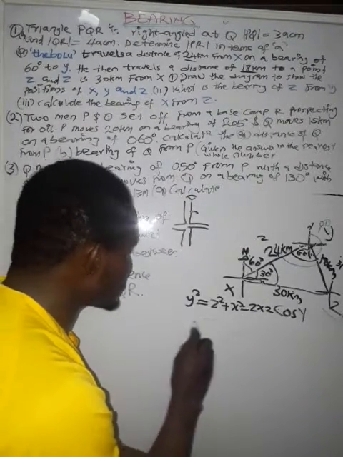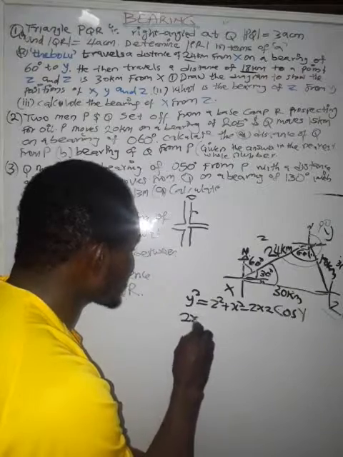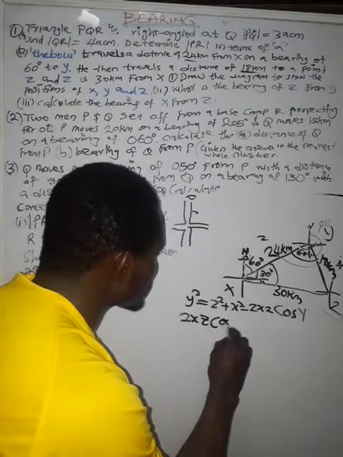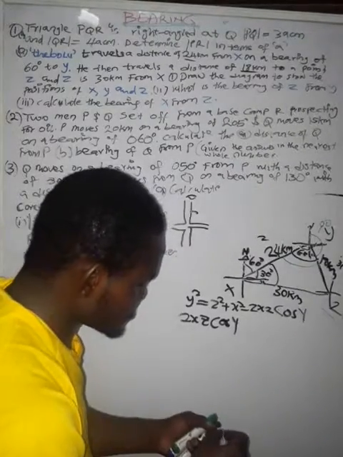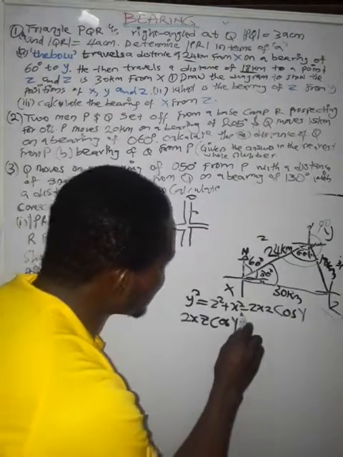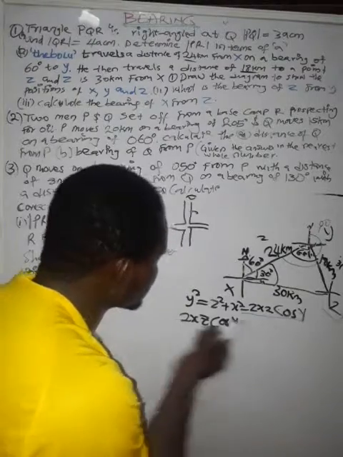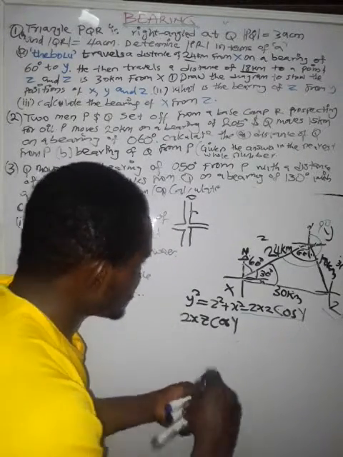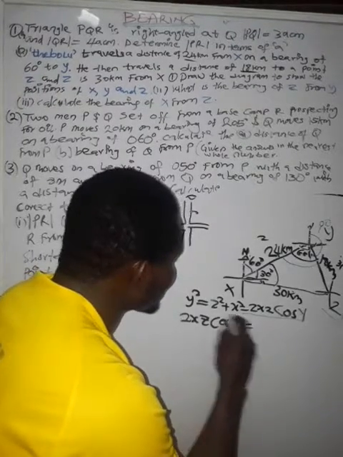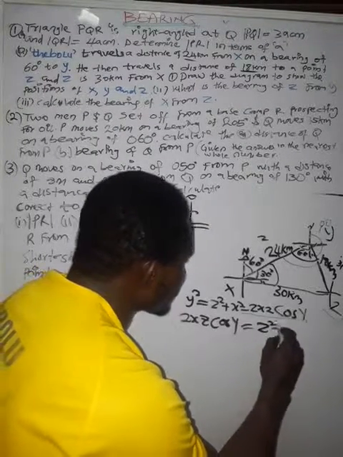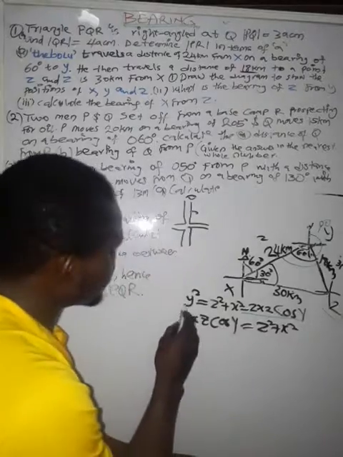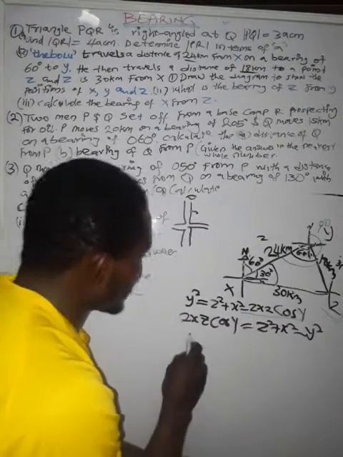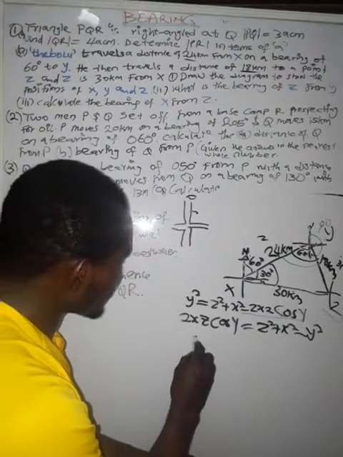So what I am saying is, I have 2xz cos y, I brought everything here to this side. What I have left here now is z squared plus x squared. I will now take this one to this side, it becomes y squared. You see now.